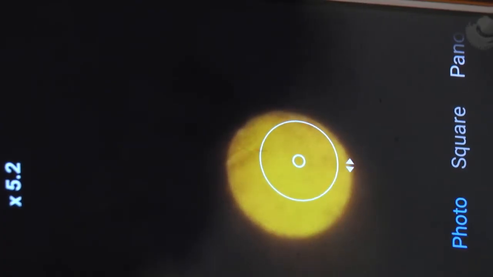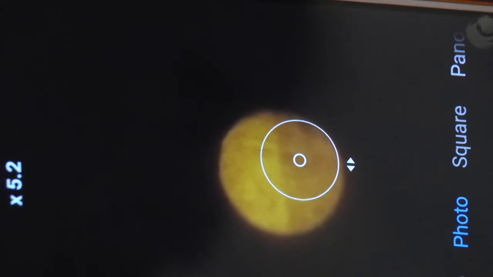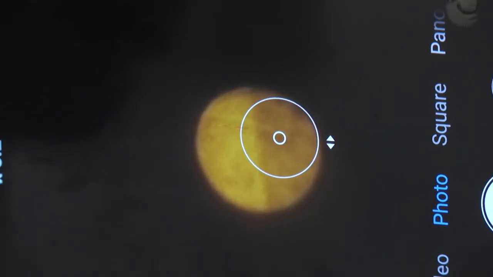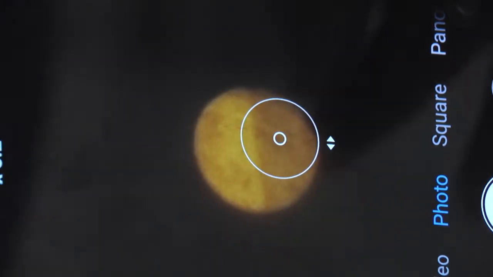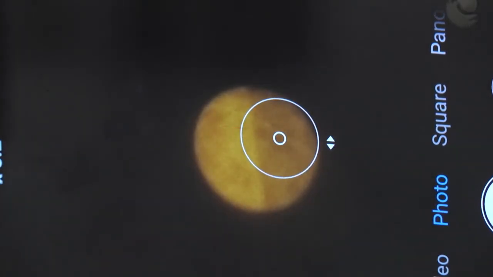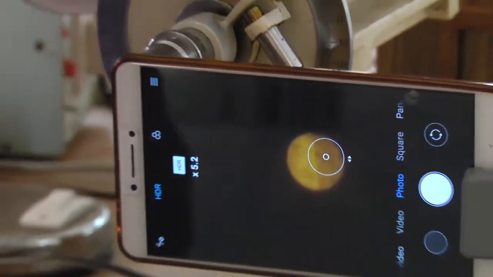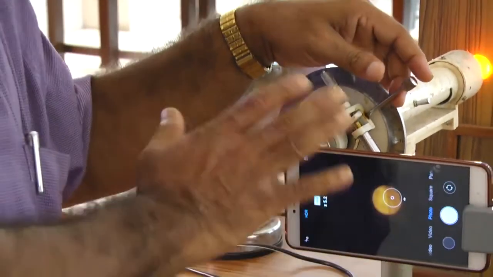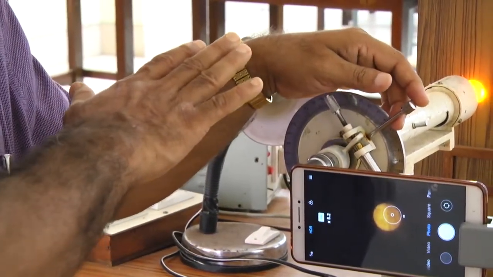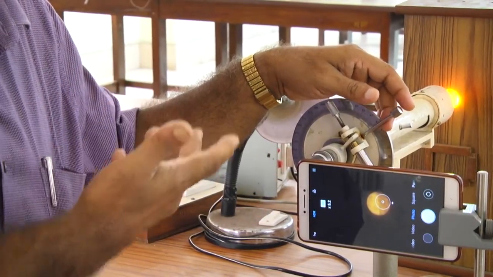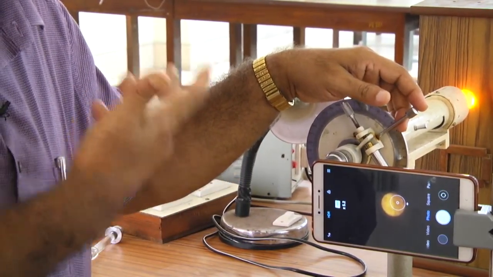If I continue, I will get another position where this half is dark and this half is bright. So this way there will be four times uniform region and four times half dark and half bright condition. That is the important concept for the half shade plate, the Laurent half shade.